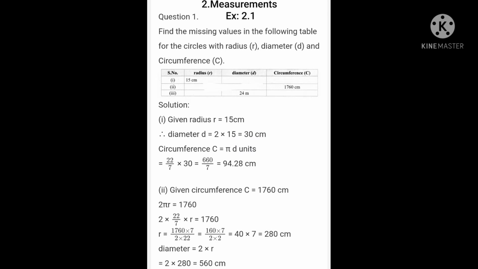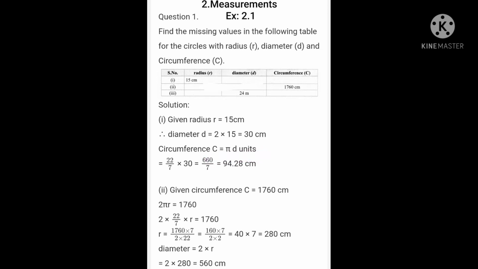Now we need to find circumference. Circumference c is equal to, we have a formula 2 pi r, or we can apply pi d. If you know d, then we can apply pi d formula. Otherwise, you can apply 2 pi r. Here we are going to apply circumference formula pi d.